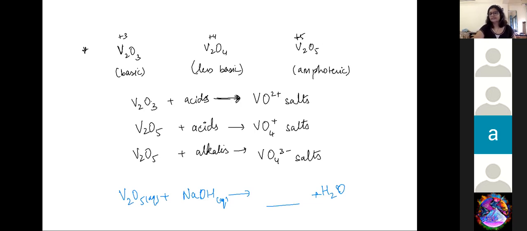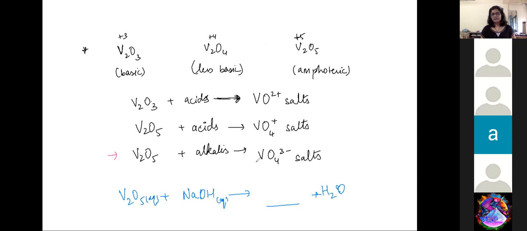So Ritvik, I've given the skeleton equation here, right? The oxide I'm taking is V2O5, and NaOH is acid or alkali? It is alkali. So you need to consider this equation.